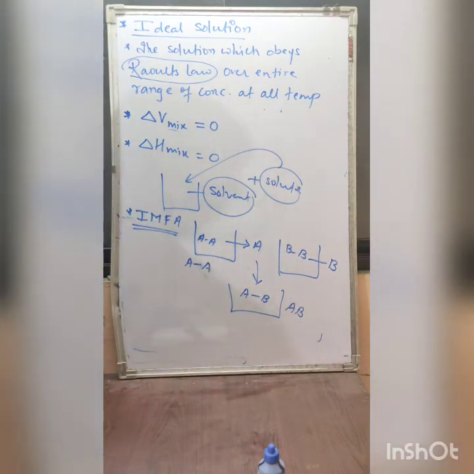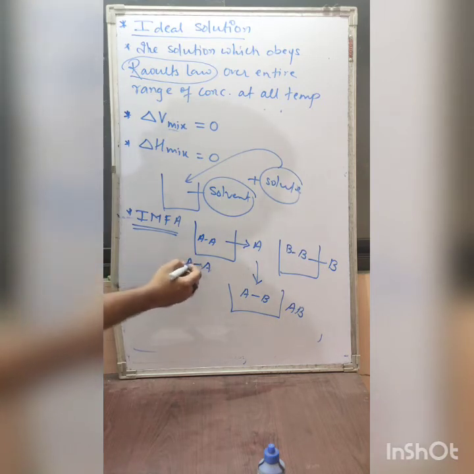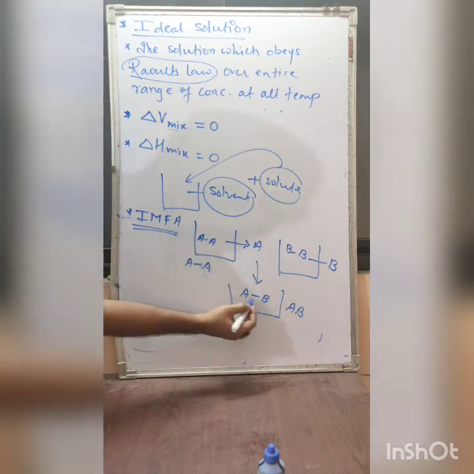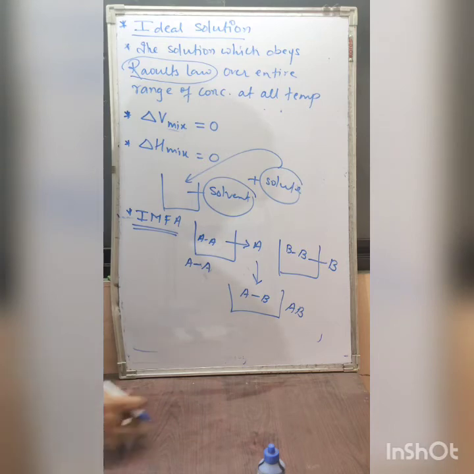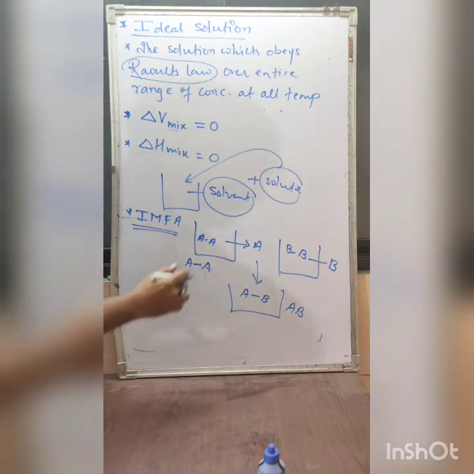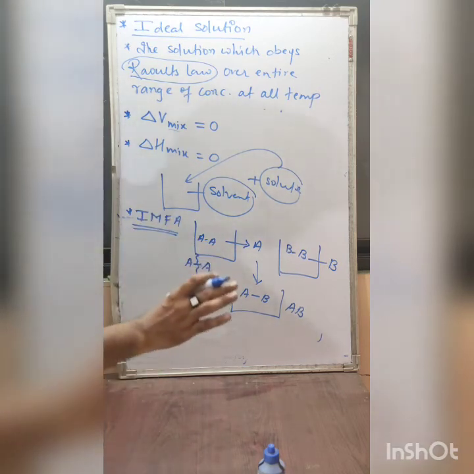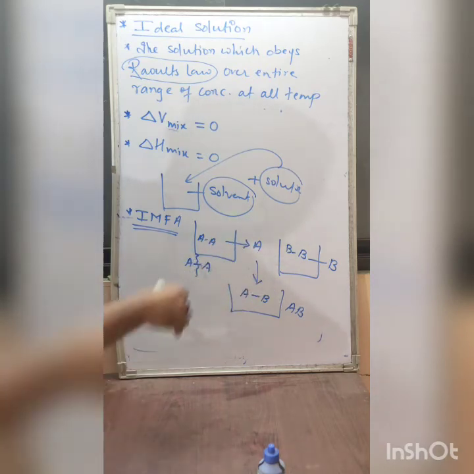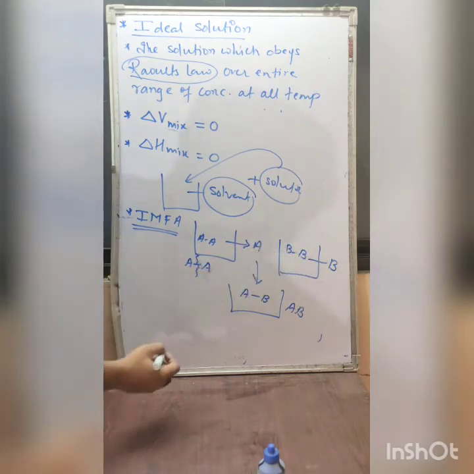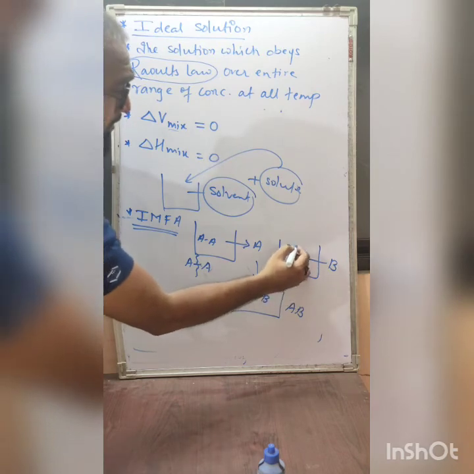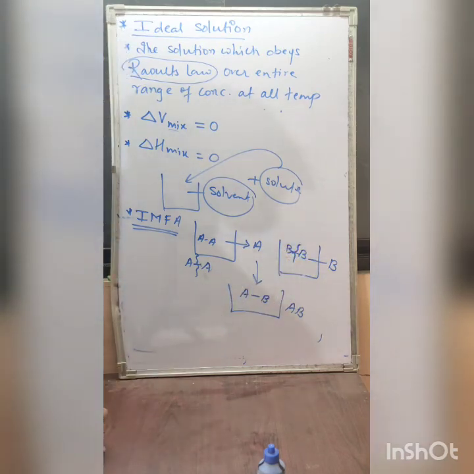Okay. Now, in order to form AB, we have to break the AA bond. For breaking of a bond, we require energy. Same here, for the breaking of the BB bond, we require energy.